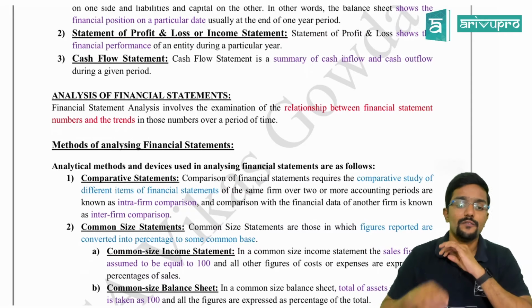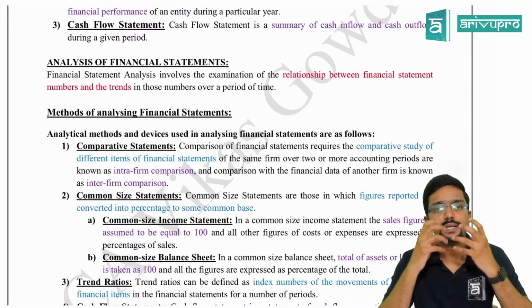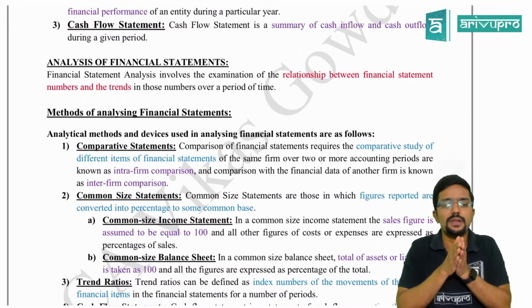For that, first we will see what is the analysis of financial statements. Under analysis of financial statements, we will try to see the relationship between the two numbers which are presented in my financial statements. There are various data or numbers presented in my financial statements, like in the profit and loss account, sales or any other income, and on the debit side all the expenses will be disclosed.